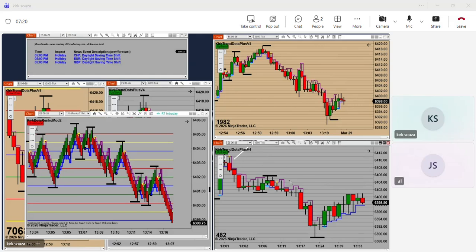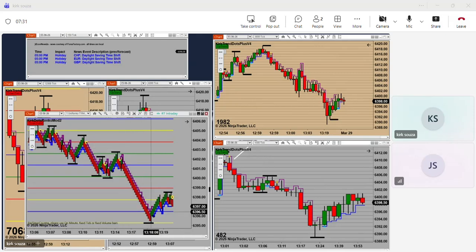That's an engulf. So the pullback, and that's it right there. So you enter here and you put your stop loss here and you let it ride. You can't enter here and have a 4 point stop loss because your stop loss is way up here at '05.